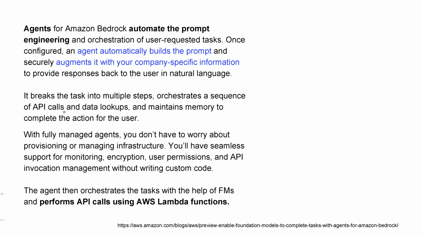You can go to multiple of your databases or whatever information sources you have. And the nice thing, a fully managed agent, you don't have to worry about provisioning it or managing at all the cloud infrastructure. This is done because you pay Amazon exactly for this. And the nice thing, it performs all the API calls using the proven AWS Lambda functions.